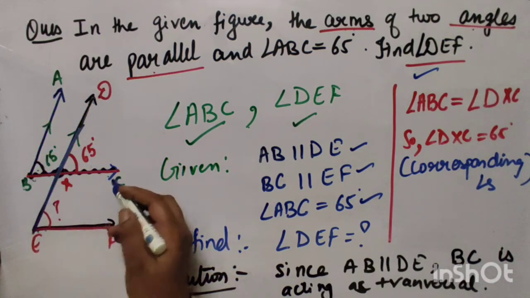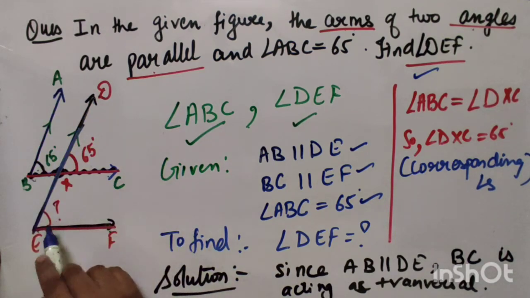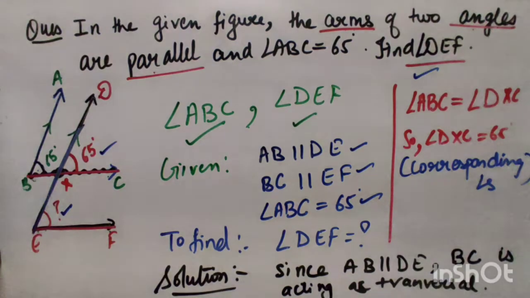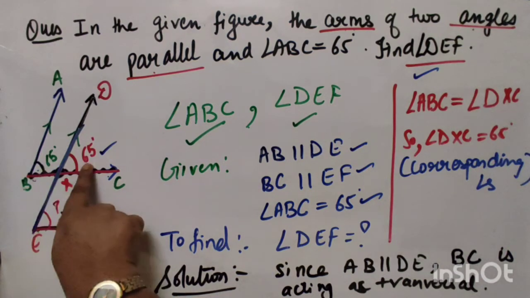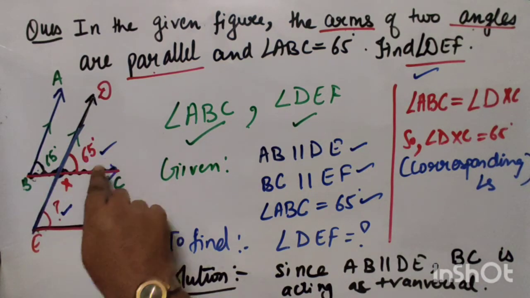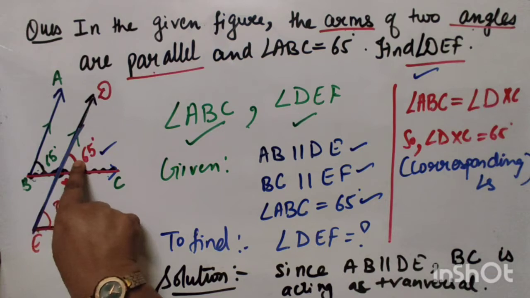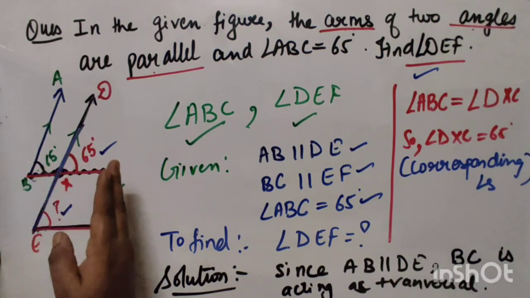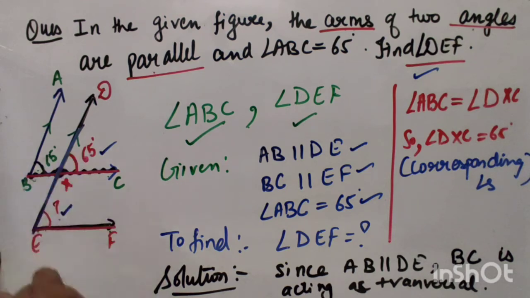Don't you think that, if you guess, the relationship between this and this angle is the same as the relationship between the earlier pair? Yes, you are correct. It is in and out at the same side of the transversal, so these angles are equal by corresponding angles, for the same reason.